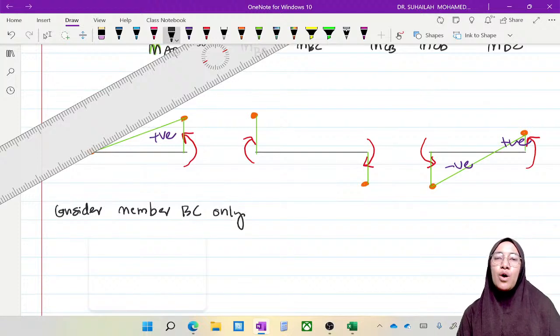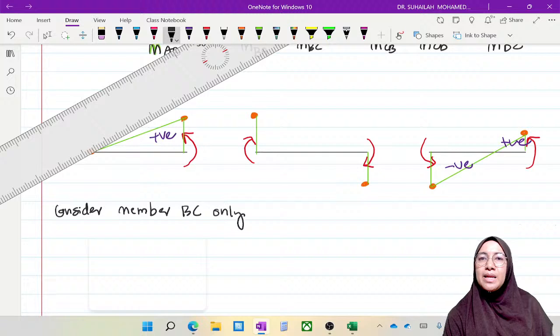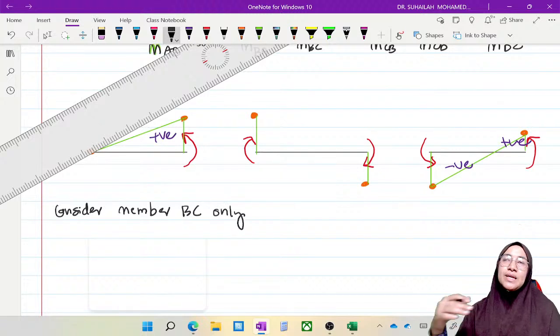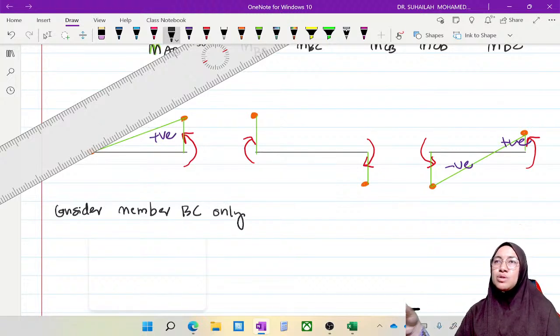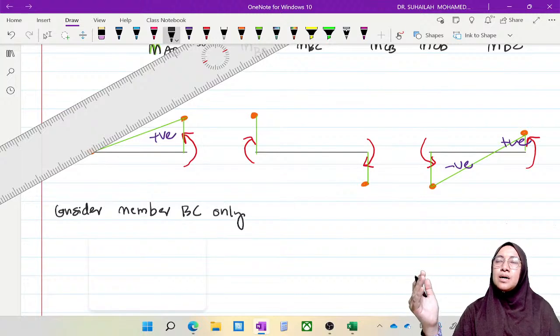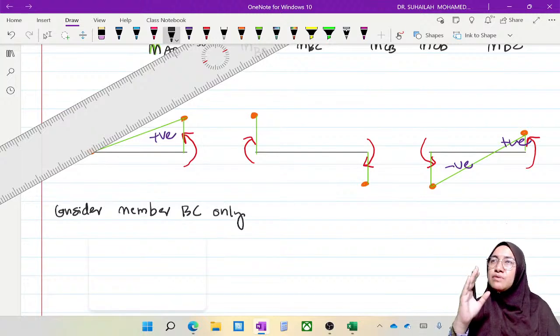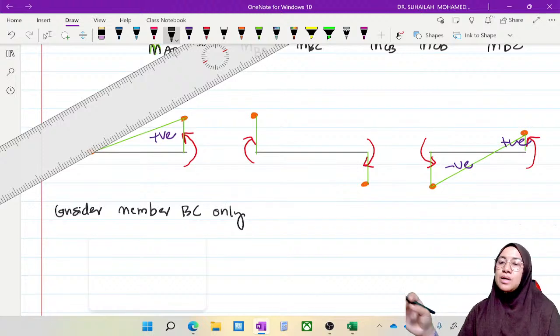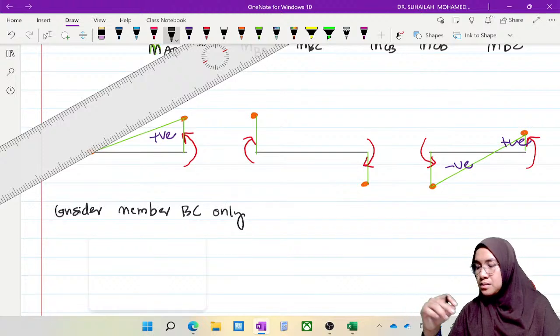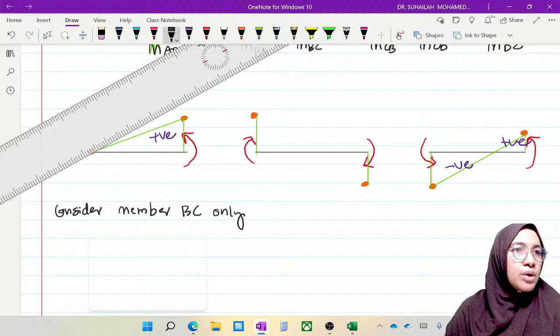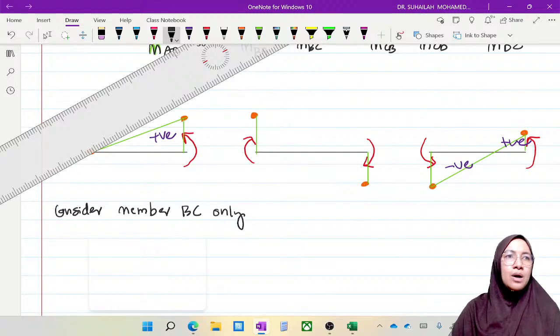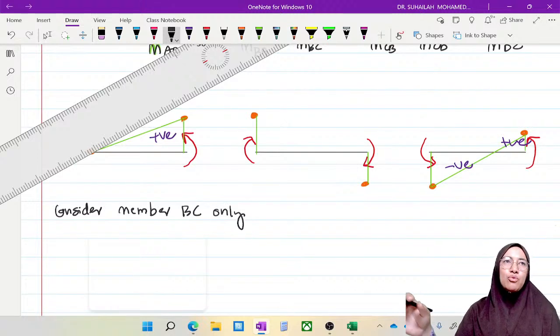Actually, we can analyze member by member to identify the vertical reactions at the supports, but since it is almost the 1.5 hour session, I just jump to the bending moment diagram.